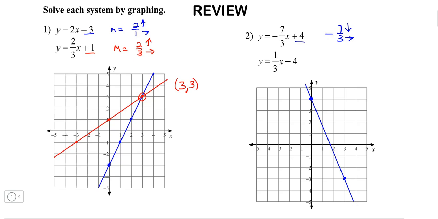Let's go ahead now and do the second equation. Y equals 1/3 x minus 4. Our y-intercept is negative 4. So we go to the y-axis and we put a point on negative 4. And then our slope is positive 1/3. So we're moving up 1 and right 3.